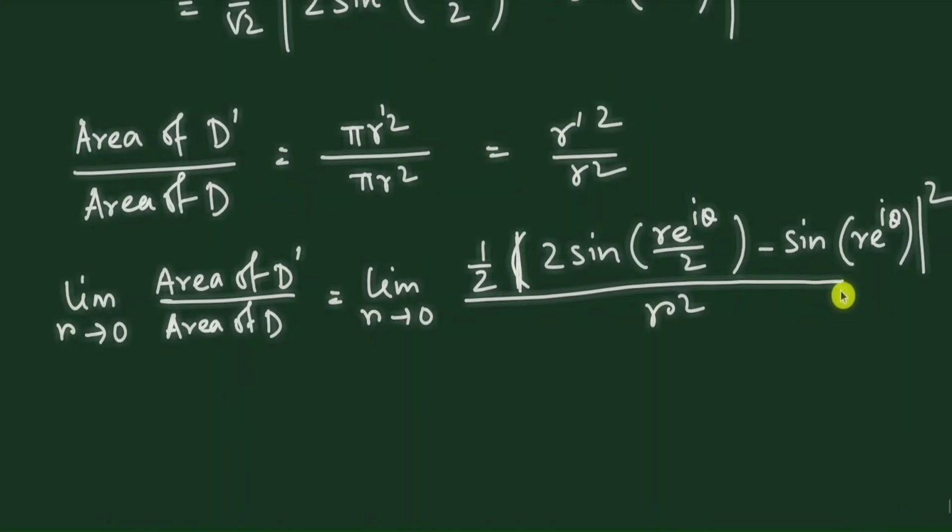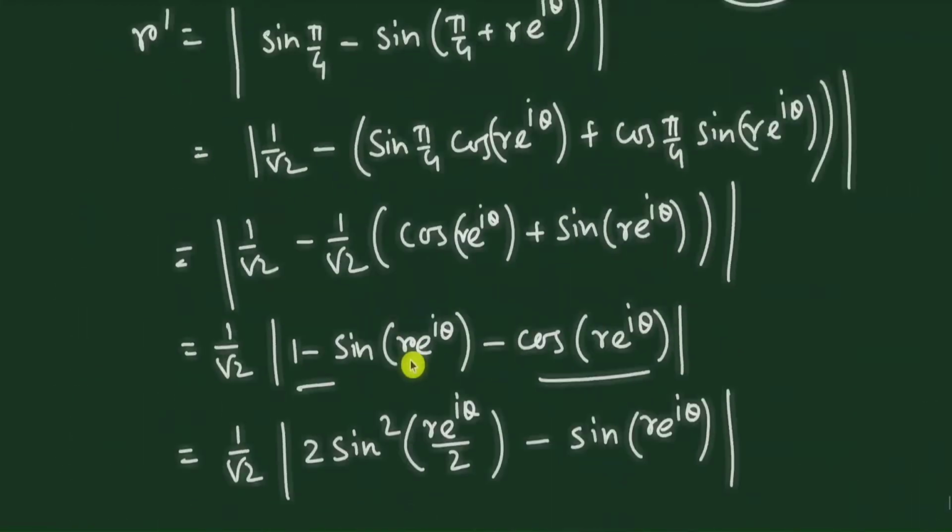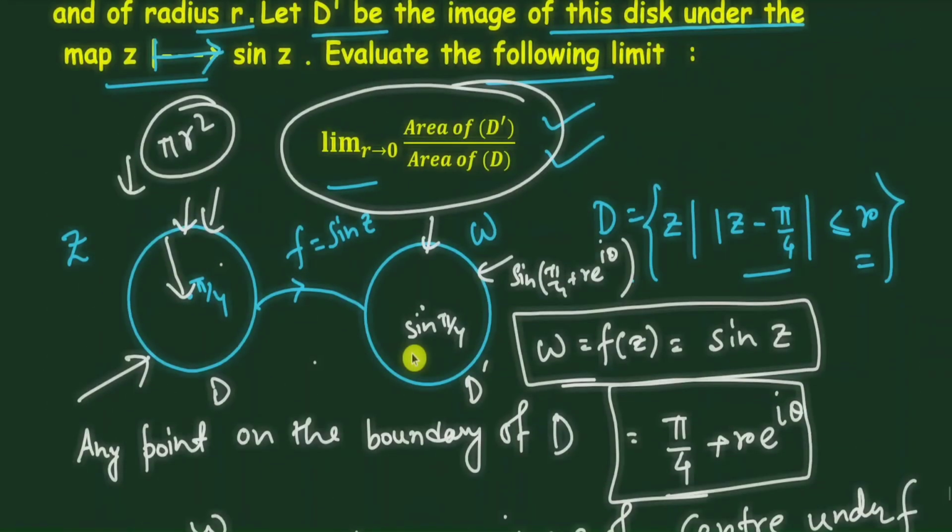So this is equal to half limit r tending to 0. Now another note: we take an arbitrary point on the boundary of this disk, and get the image of an arbitrary point which is situated on the boundary.